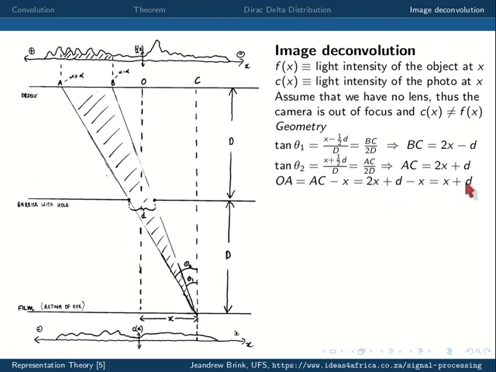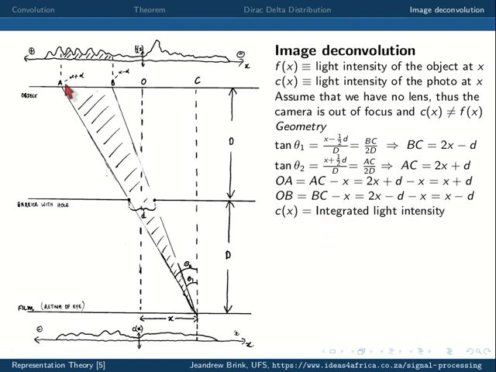And so this is x plus d, and this distance OB is then once again BC minus x. We substitute in what we derived BC to be, so that's simply 2x minus d minus x, and this is x minus d. And so when we are imaging this thing, the image on your camera, what is recorded is basically the integrated light intensity.